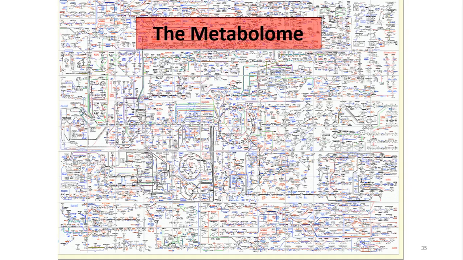And as you can see in this picture, the metabolome is very complex. You can see that there are a lot of metabolic pathways, and these metabolic pathways are associated with each other. Everything is interconnected, and everything affects everything else. So this is how we define a metabolome.